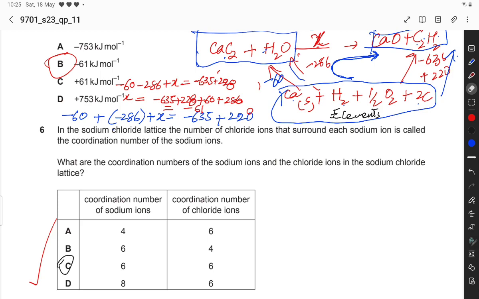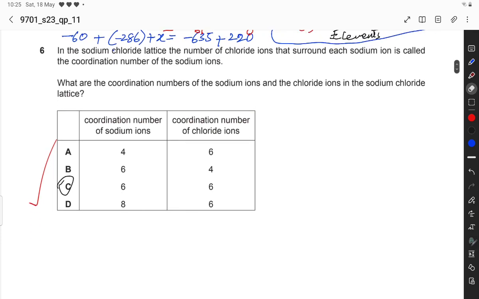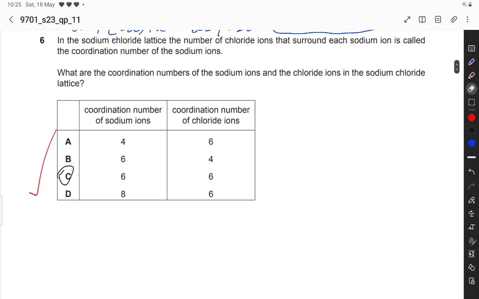Sodium chloride is a cubic lattice, and each sodium ion is surrounded by 6 chloride ions, and each chloride ion is surrounded by 6 sodium ions. So that's why the coordination number of the sodium ion is 6, and similarly the coordination number of the chloride ion is 6. So that's why option C is the correct option.